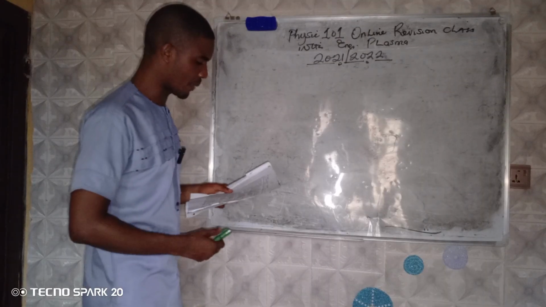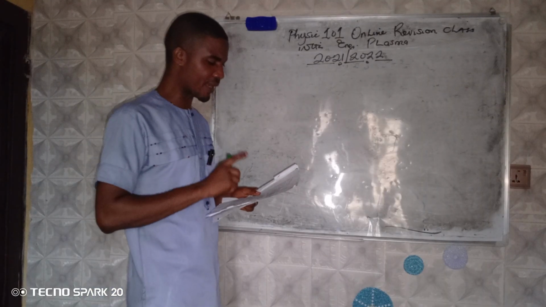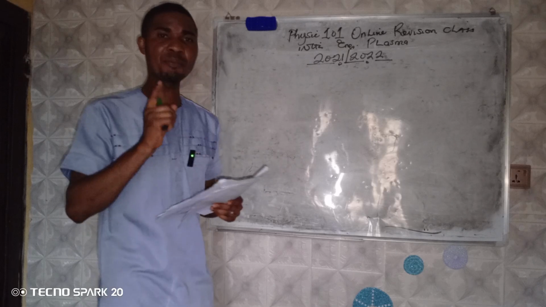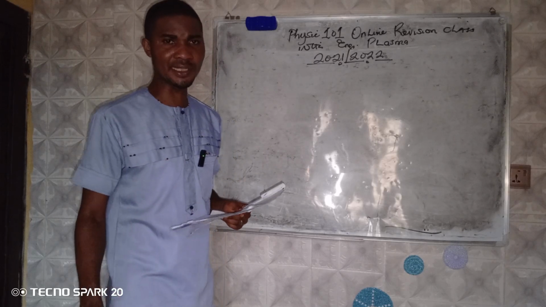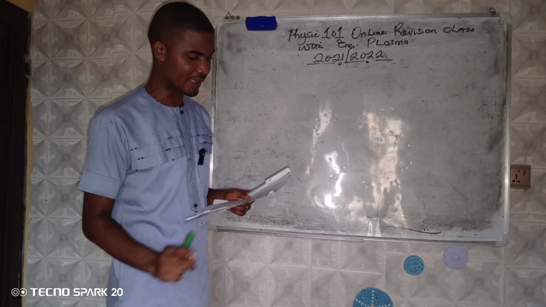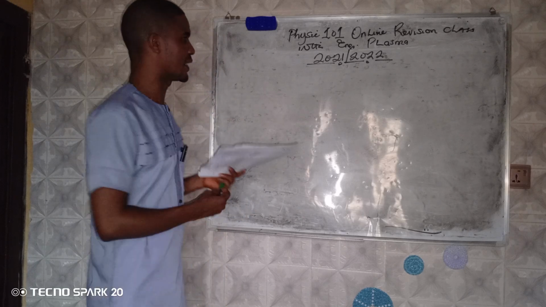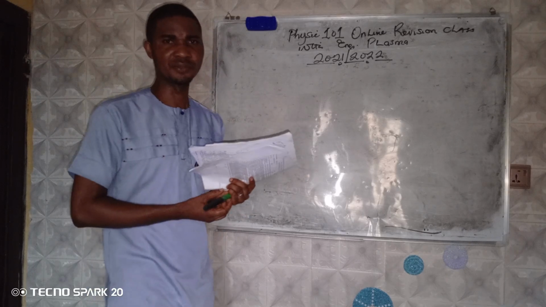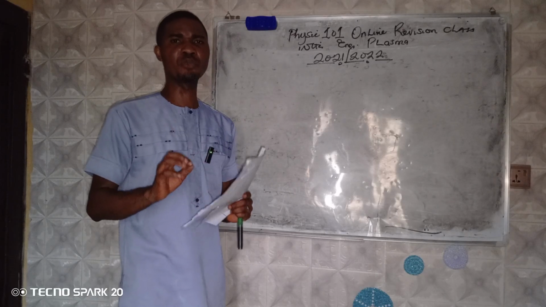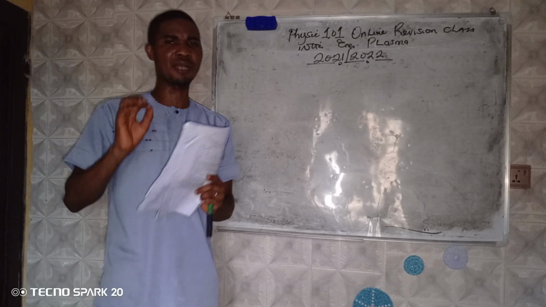So let's get started. Number one, atmospheric pressure is equal to... Remember, I told us in part 1 of this class that whenever you're given pressure and you want to use it, you must convert the pressure to Newton per meter square.